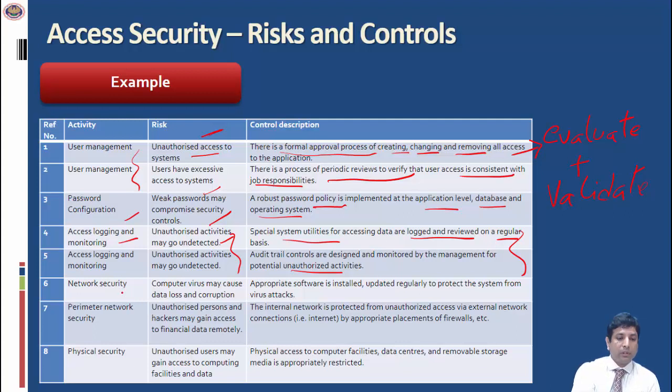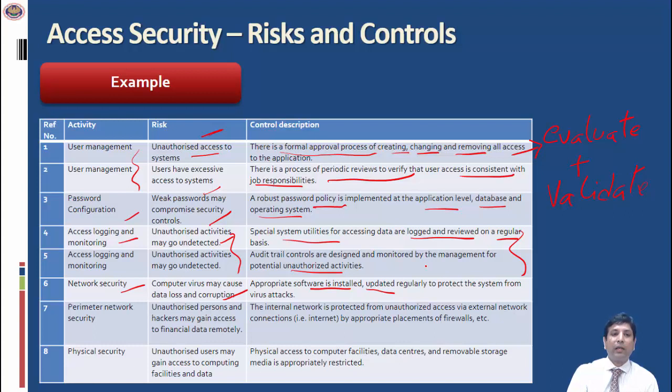Coming to network security, the risk is that computer viruses may cause data loss or corruption. Now what is the control? Antivirus software or anti-malware software should be installed, and the key thing is that it is updated regularly. Many times we see that antivirus software is installed, but it is outdated.